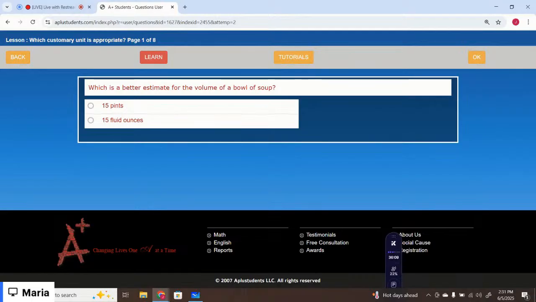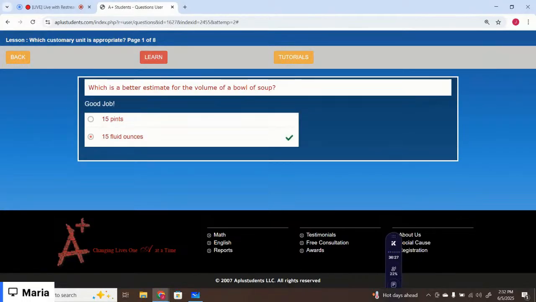Which is the better estimate for the volume of a bowl of soup? The volume of a bowl of soup would be 15 fluid ounces. Option number two is the correct option.